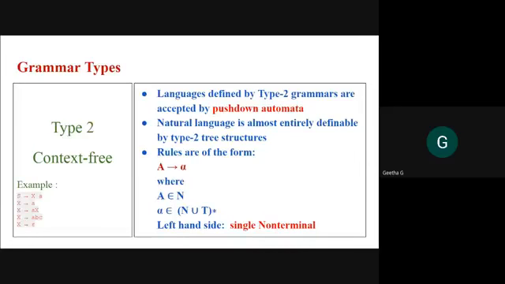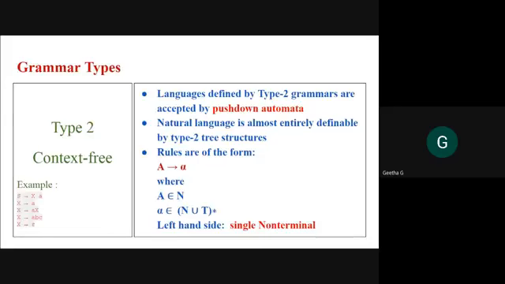Is that clear, Swati? For this time, this is enough, I think. Okay. In another couple of classes we are going to start push-down automata, and at that time I will make it clear. It is a very interesting one.